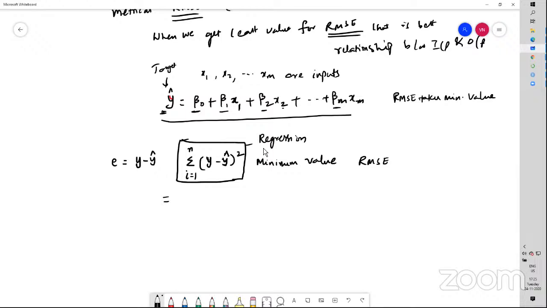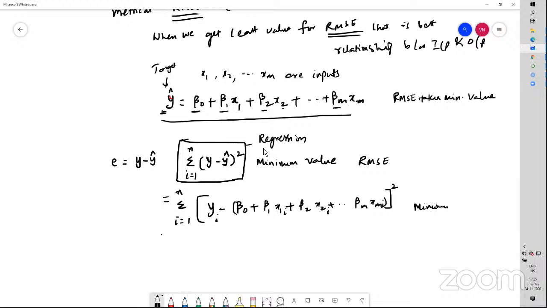So let's see how we can write this. y minus (beta naught plus beta 1 times x1 plus beta 2 times x2 plus so on, beta m times xm), whole square, summation i equal to 1 to n. Everywhere we would have i. Now this equation has to take a minimum value.